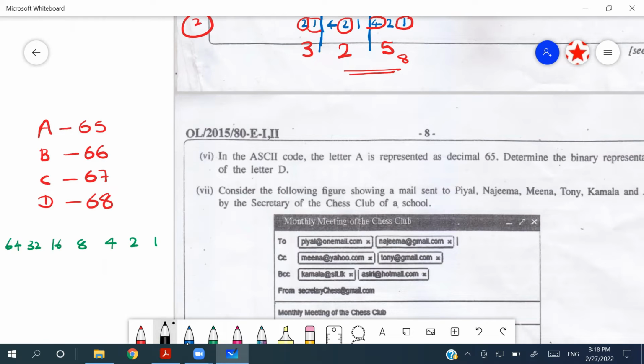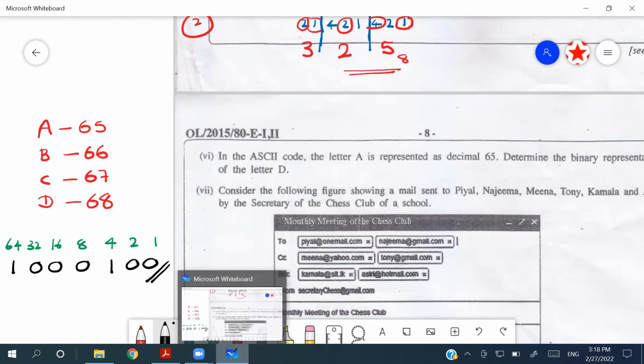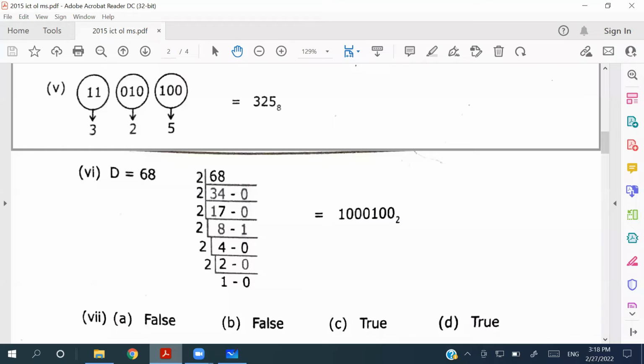So to define 68, we need 64 plus 4. So 1 triple 0, 1 double 0 is going to be the binary representation of letter D.